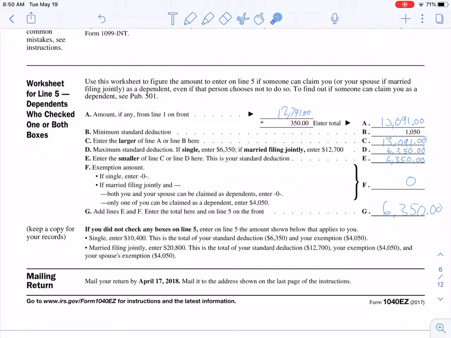It's what everyone gets to subtract from their income before being taxed. The remaining amount is the amount that is taxed. So the standard deduction. An exemption amount, she was single, so I entered 0.